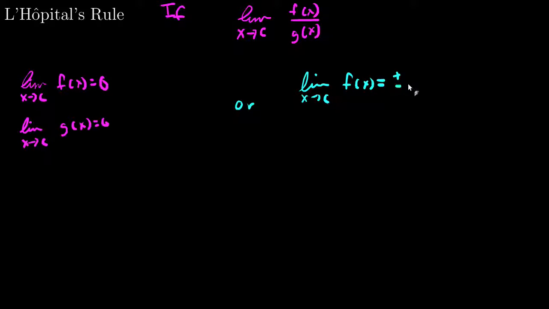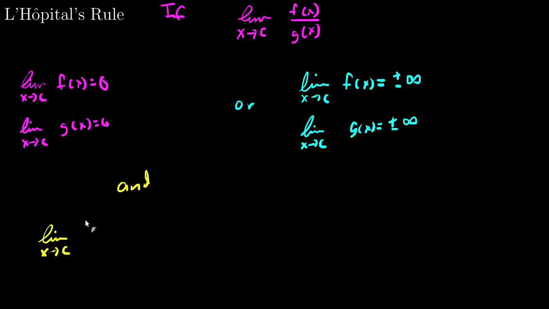I'll put it as plus or minus infinity, but it's f approaches positive infinity or negative infinity, and the limit as x approaches c of, not f of x, g of x is also some infinity, and the limit as x approaches c of f prime of x divided by g prime of x exists.